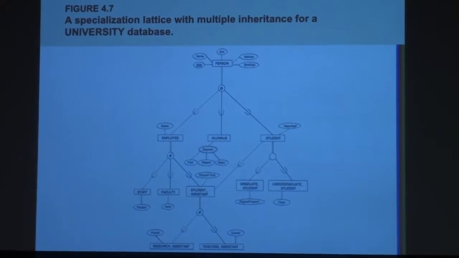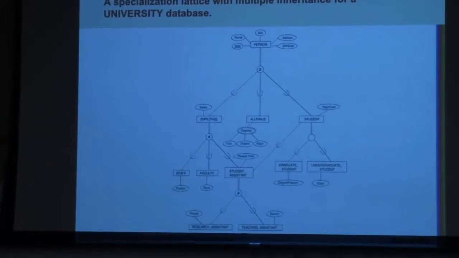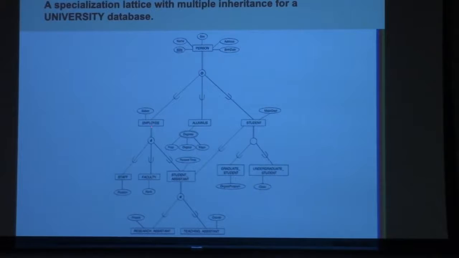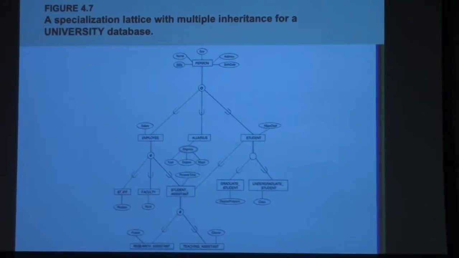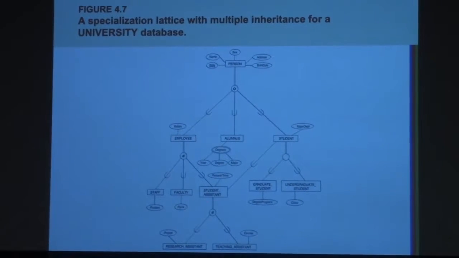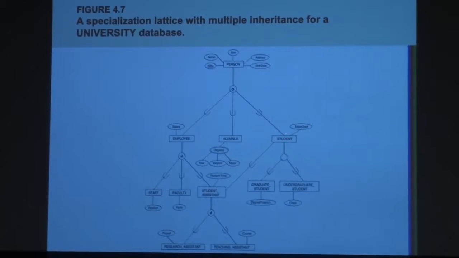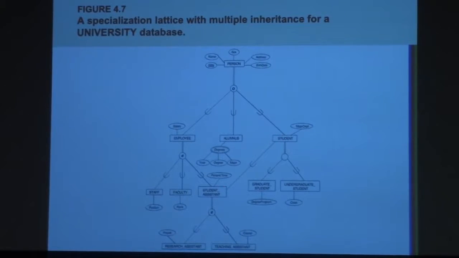It's one superclass and subclasses relationship. Also, you can find another superclass and subclass relationship: employee, staff, faculty, and student. This is another one. And also, you can see the student and the student assistant is also a superclass and subclass, but in this case, only one subclass. However, the student assistant is a multiple inheritance. It's a general case. And also, we have another superclass and subclass here and another one.